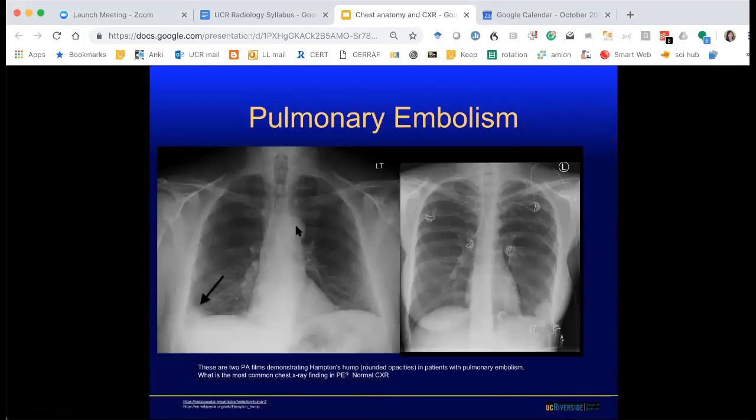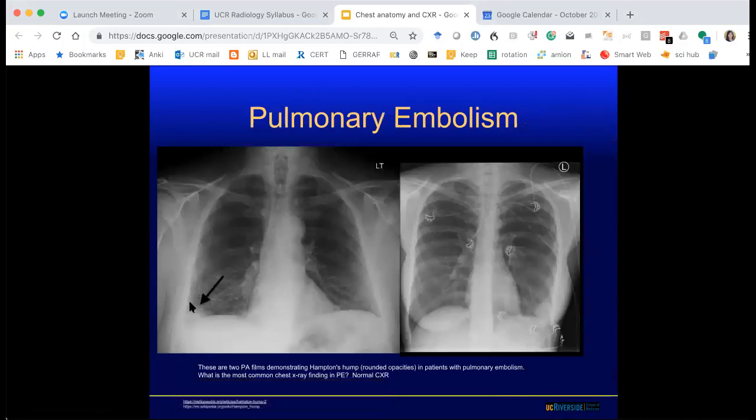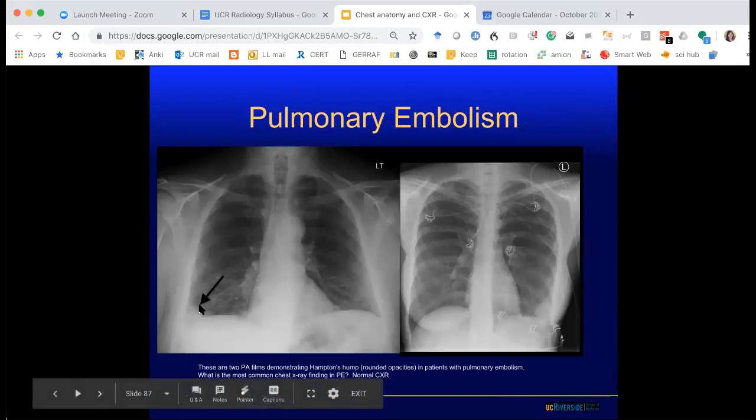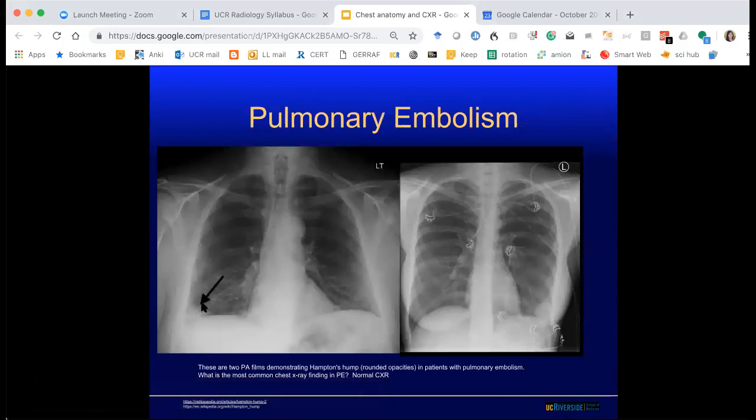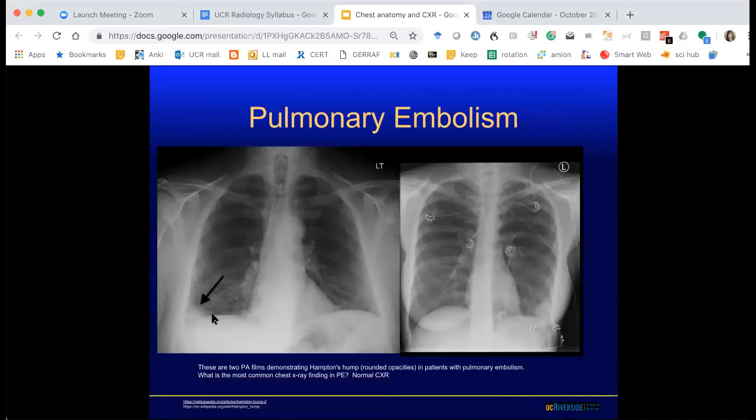So right here we have a patient. Look for lines and tubes. There are no lines and tubes. And then look at the lung volumes. They're a little bit on the lowish end. But then you see this opacity in the right costophrenic angle. If the patient is dyspneic and short of breath, does not have leukocytosis, no productive cough, no fever, you're going to think it's more likely to be PE, right?